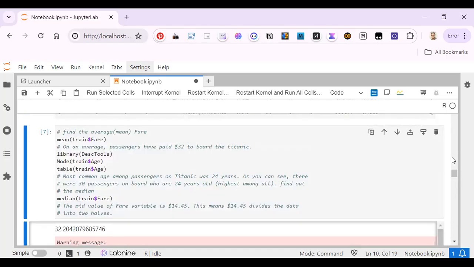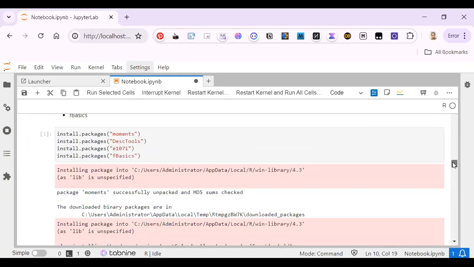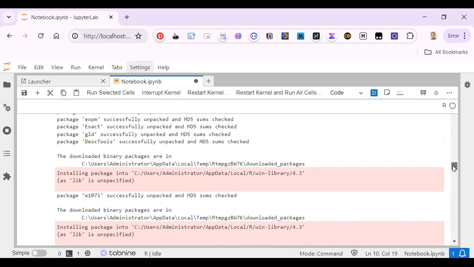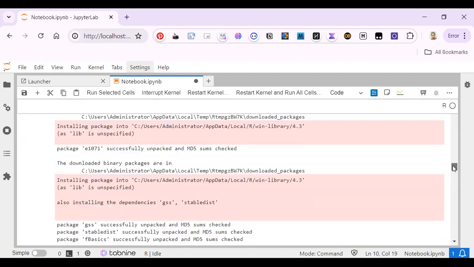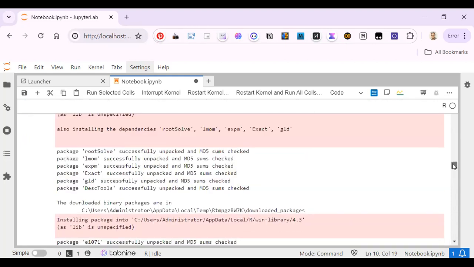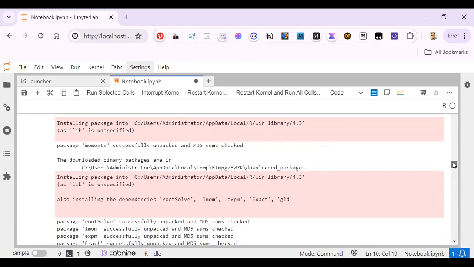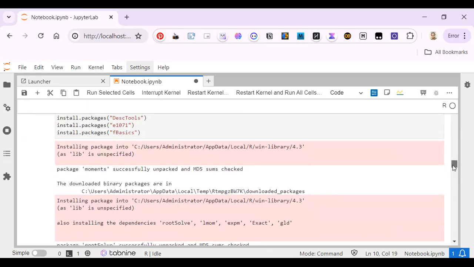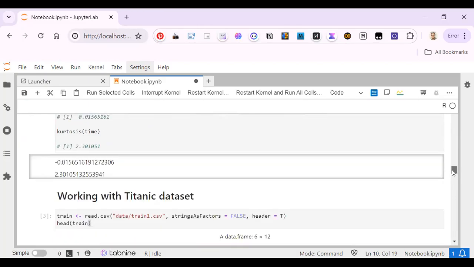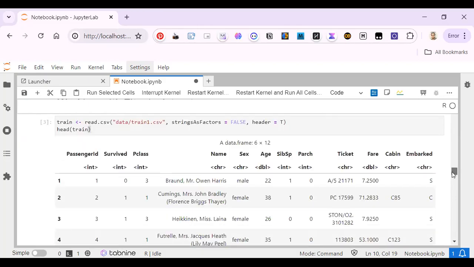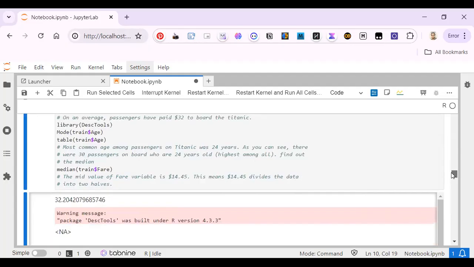And whatever we got here, one value we are not getting. For example, in these cases, library, okay, fine. Okay, so we are looking at the data here.